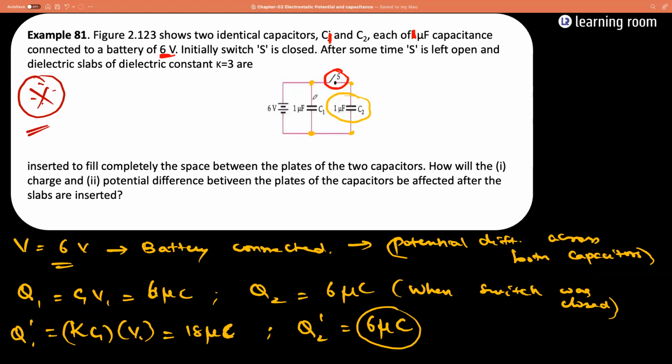Sir, could you please write an additional step, kappa into C1 into V1 upon kappa? Oh, you want me to write like that and show? Okay. So battery disconnected, BD is battery disconnected with dielectric.